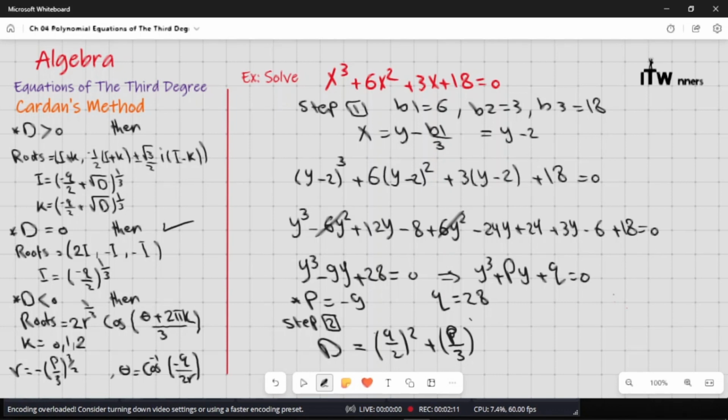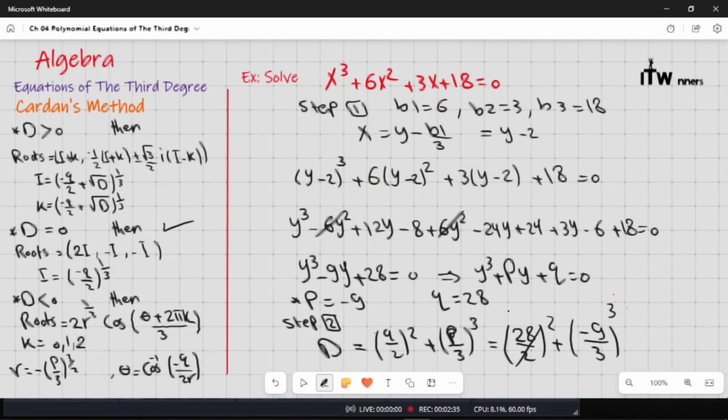So we have here q equal to 28, so we have here half of q squared plus negative 9 by 3, and this cubed.